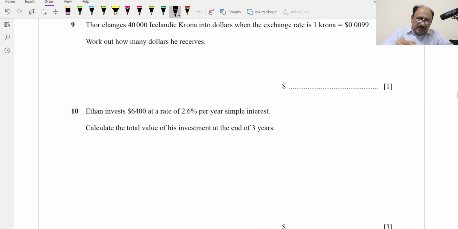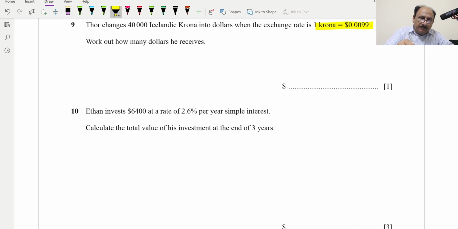Then Thor changes 40,000 Icelandic krona into dollars when the exchange rate is as provided, and from here we can see that the dollar is the stronger currency. Work out how many dollars he receives.